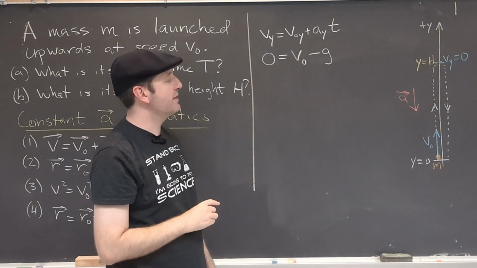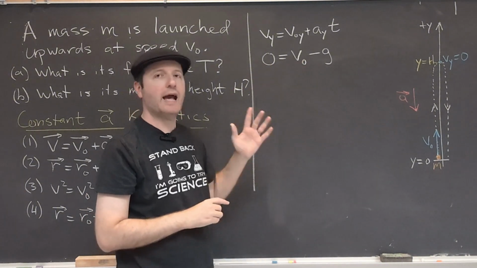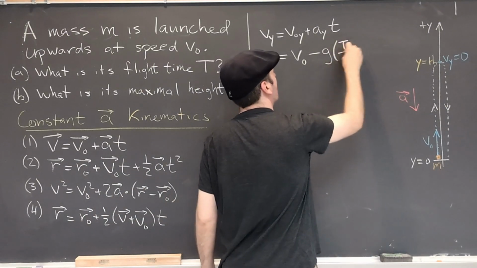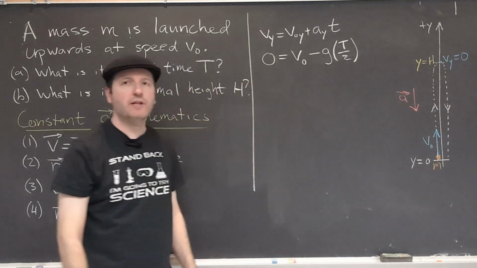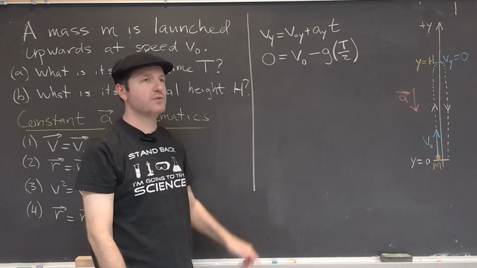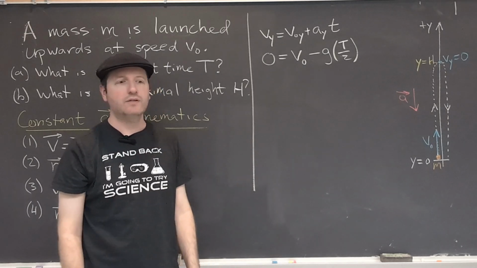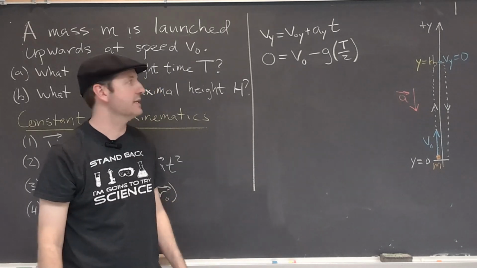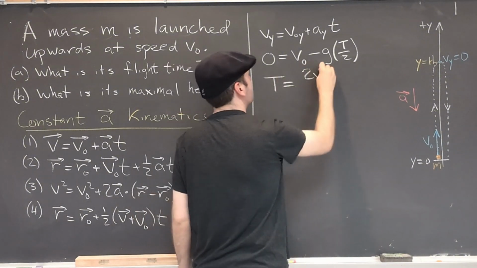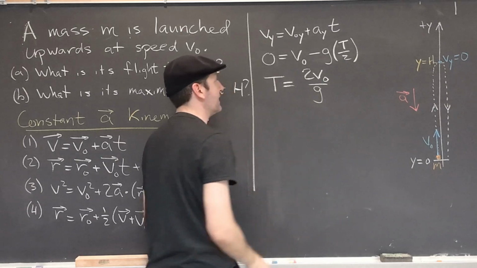But for now, let's just say by symmetry, this time should be half of the total flight time. So I'm going to write T over 2 for this flight time to reach this maximal point. Capital T is the total flight time, so doubling this time should give us capital T. This quickly gives us that the total flight time is 2v naught over g.